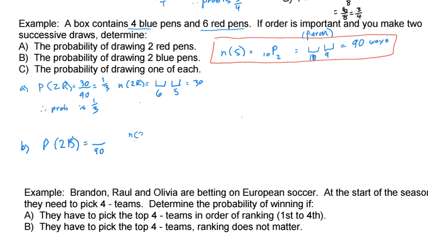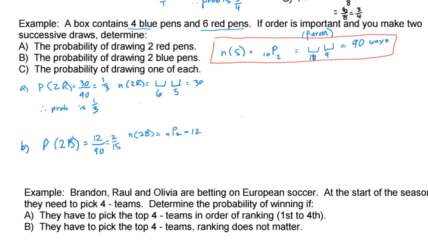So n of 2 blue, instead of doing it using the placeholder method, we can use the permutation method. So we have 4 blue, and we're going to pick 2 of them, which gives us 12 over 90. So our answer is 12 over 90, which simplifies to 2 over 15.